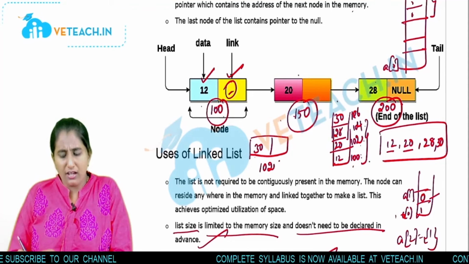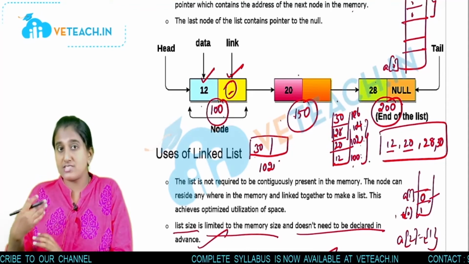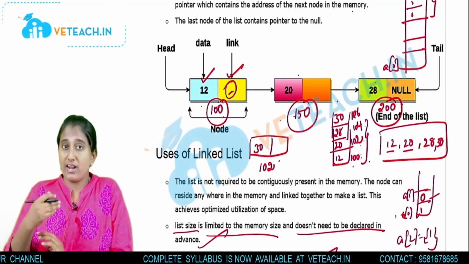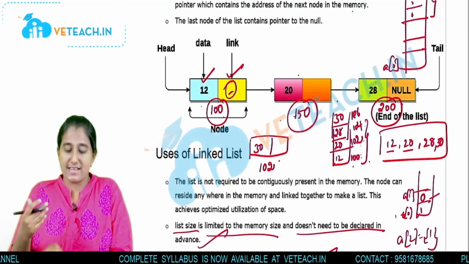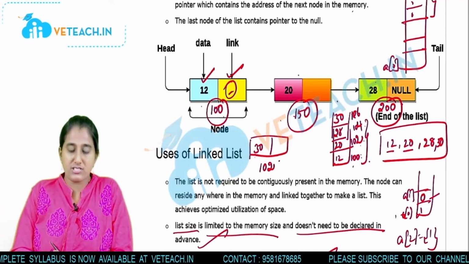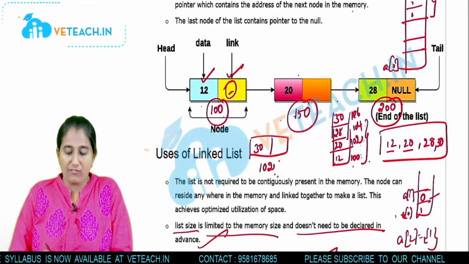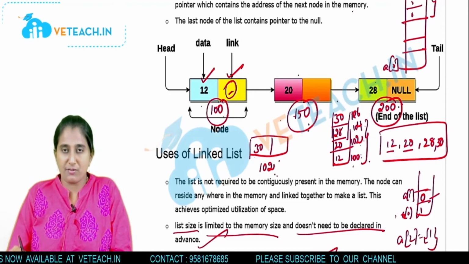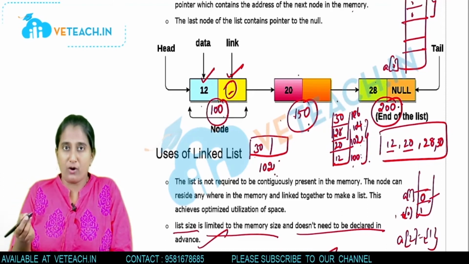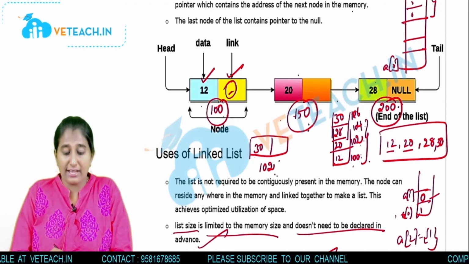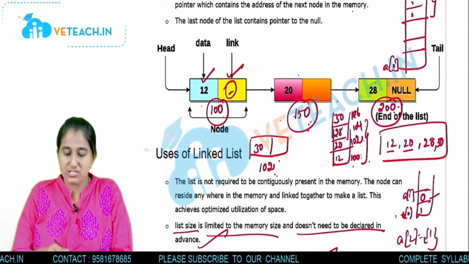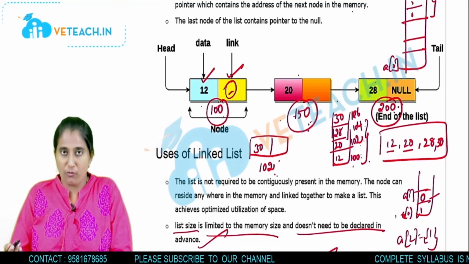Here the memory allocations are not in sequential order, but we can trace the nearby locations. After 100, who is the nearby element? 102. After 102, who is the nearby location? 150. After 150, who is the nearby location? 200. You may think that by tracking the nearby locations, you can trace the elements, right?